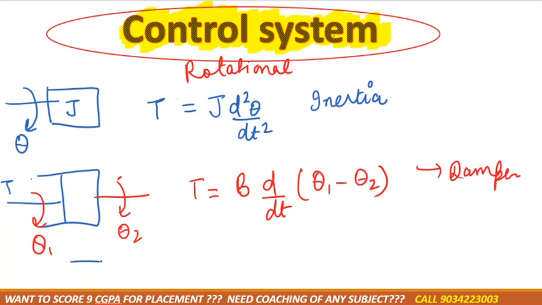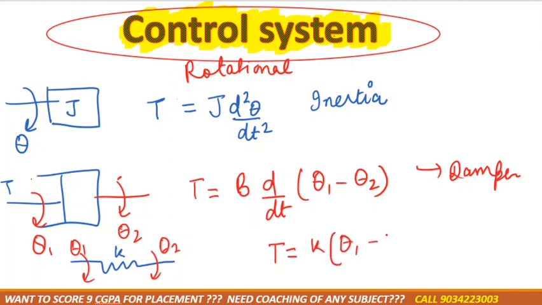Similarly we'll have spring, that is denoted by K. Again it will rotate theta 1 and theta 2, so the torque equation is K into theta 1 minus theta 2, that is spring constant. Okay, understood?